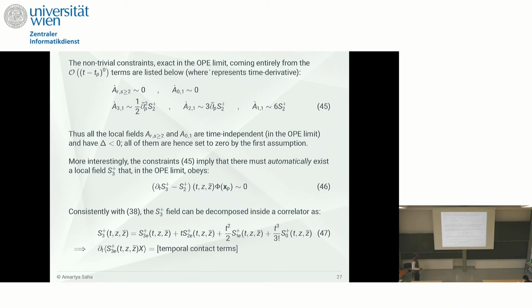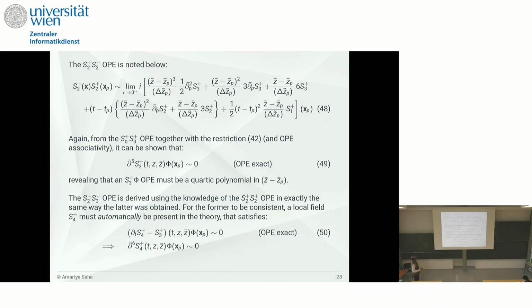46 follows exactly the same thing that I have done for S2 plus. So just to make the S2 plus OP consistent, I will need a new field S3 plus in our theory. The S2 plus answer is just written here. And similarly, from the S0 plus S3 plus OP, if we demand OP associativity, we can again show that this S3 plus phi OP must truncate at the quartic order in Z bar minus ZP bar.